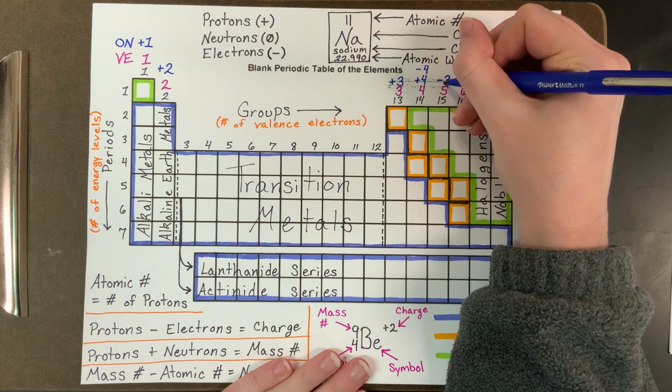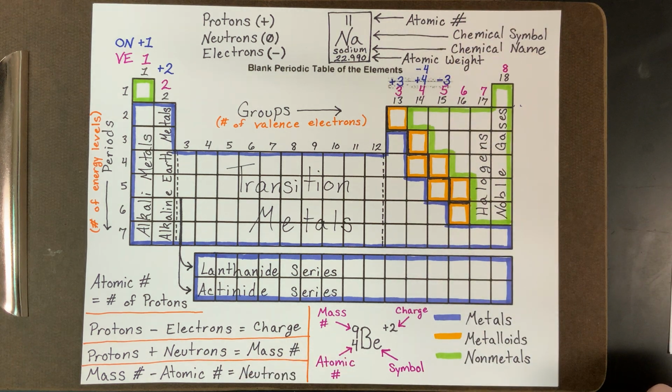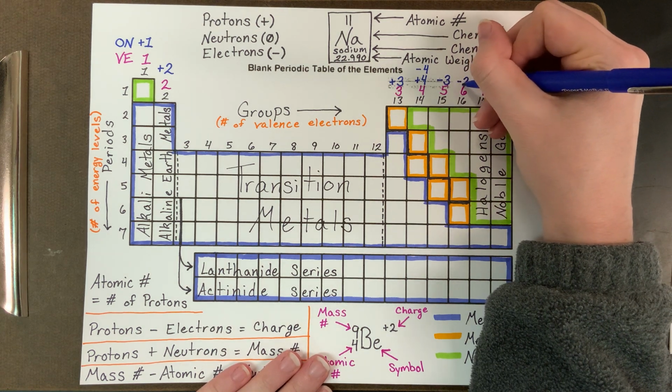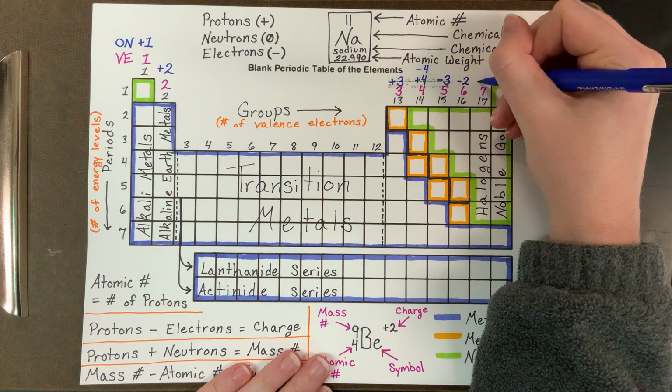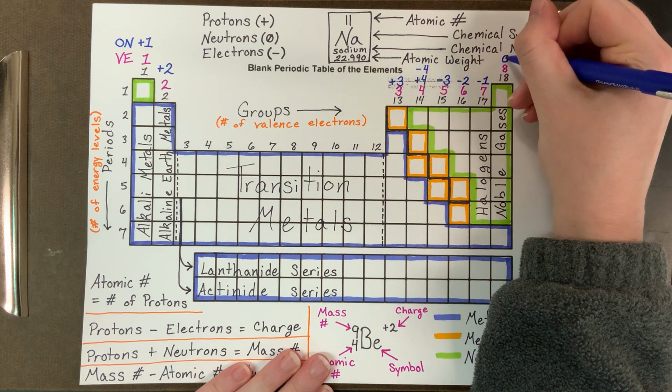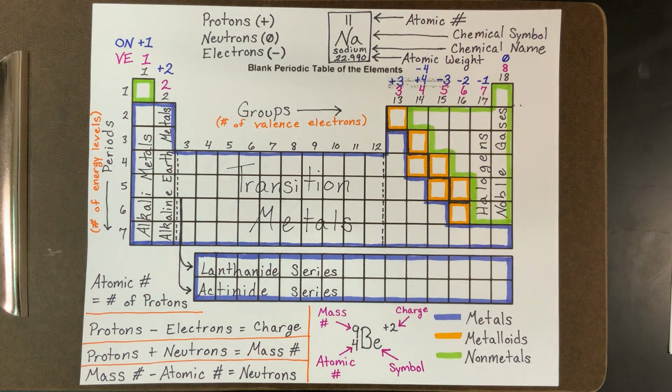And when I gain 3 electrons, I gain 3 negative charges. Group 16 wants to get 2. Group 17 wants to gain 1. And we mentioned earlier that group 18 is perfectly stable, so they don't want to gain or lose any electrons whatsoever.